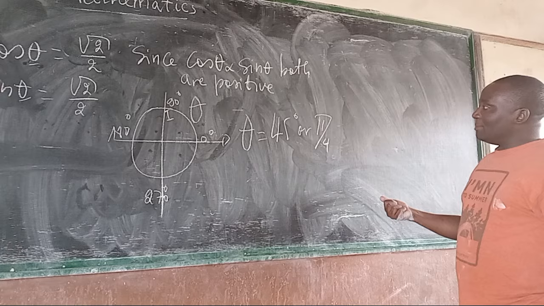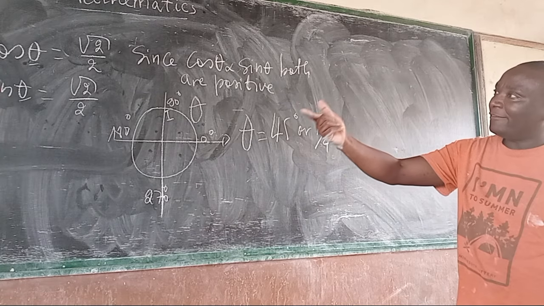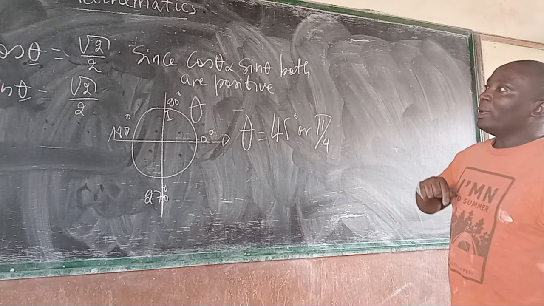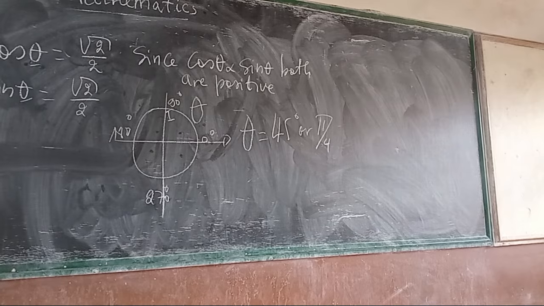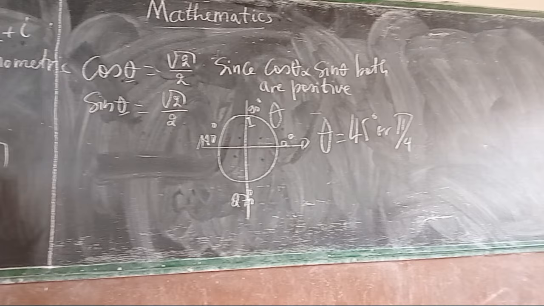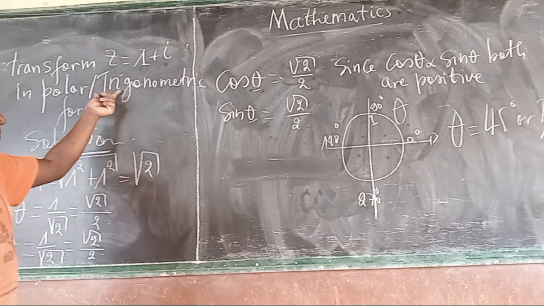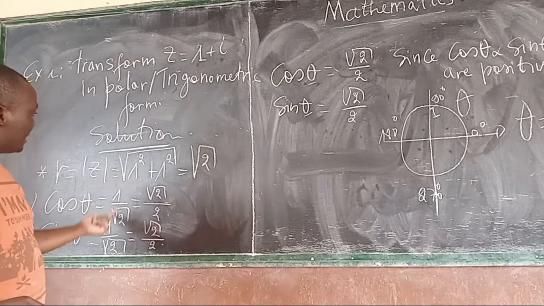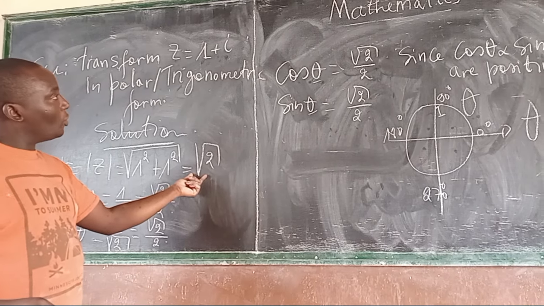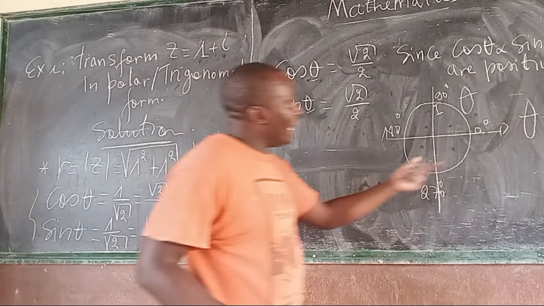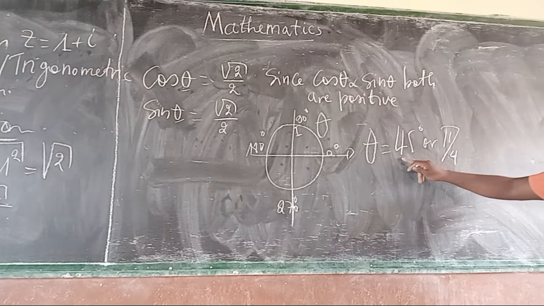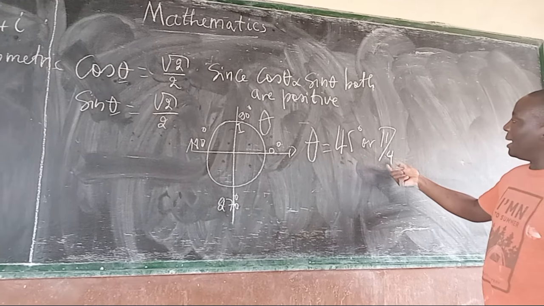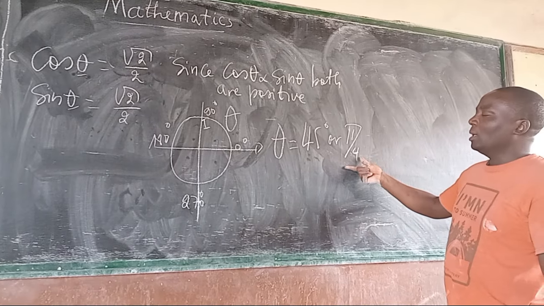Teachers, as you see me, the task we have is over. We have this task to transform this algebraic form into trigonometric form. We must know two things. The radius is given, square root of 2, and the argument is known now: 45 degrees or pi out of 4.